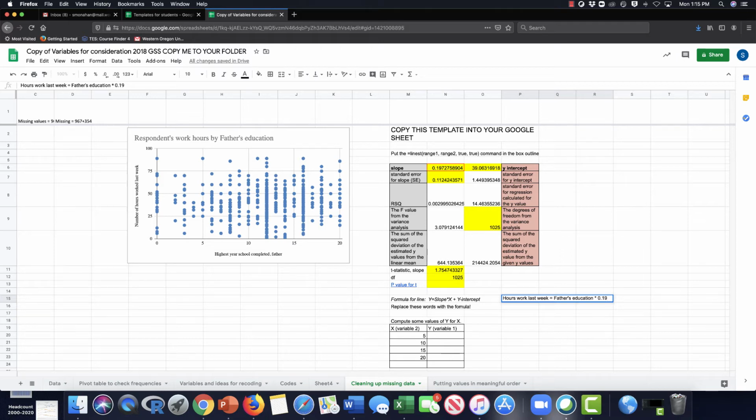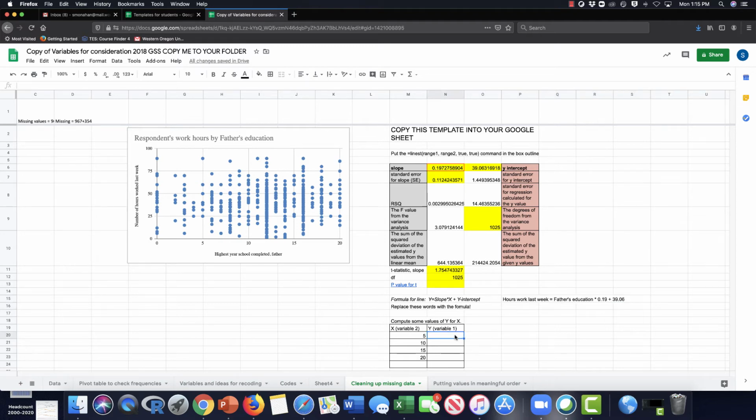So there may be a positive relationship here, because 0.19 times 5 is about 1. So that 0.19 represents about 12 minutes out of an hour. And then everybody's sort of starting at this y-intercept of 39.06. So that's the formula we're working with.